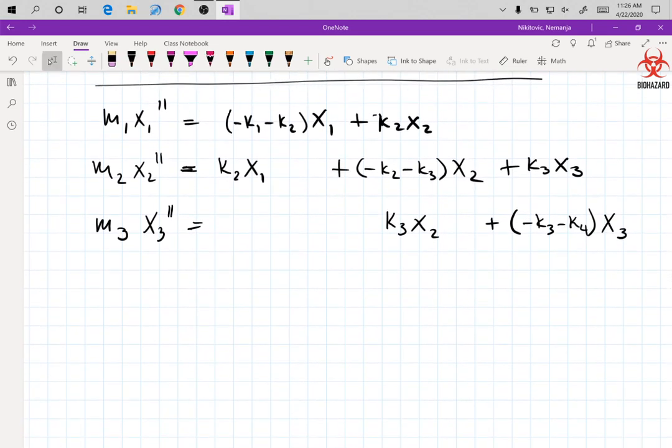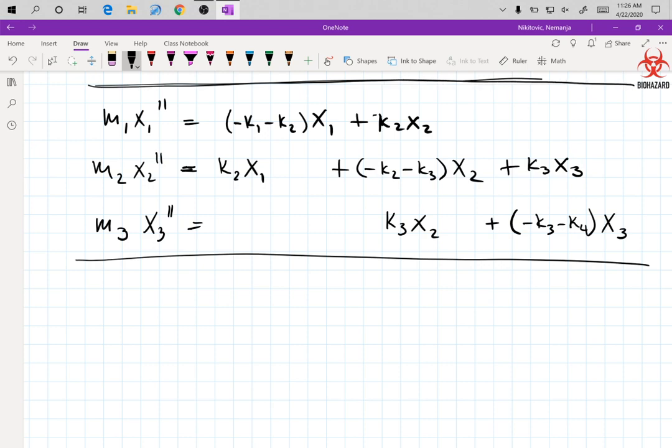And now that I have the system, we can come up with the matrices. So I'm going to start with defining this vector of derivatives, right? This is going to be my vector x double prime, which is going to have x1 double prime, x2 double prime, x3 double prime.